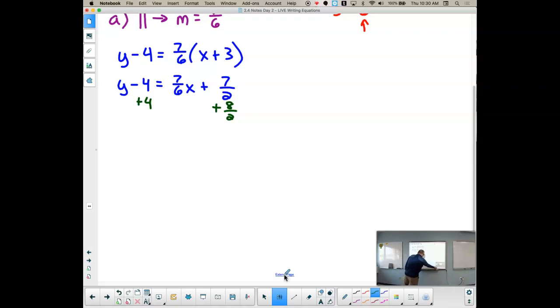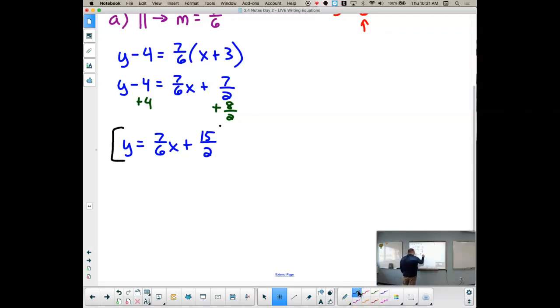That's going to give me y equals 7/6x plus 15/2. It said we need it to be in standard form, so I'm going to take this opportunity to rid ourselves of any and all fractions.